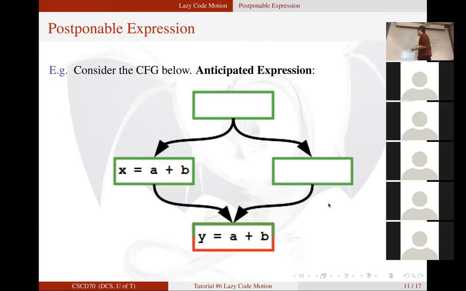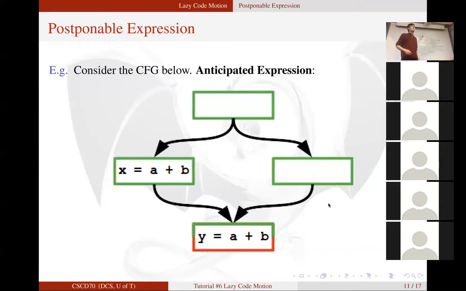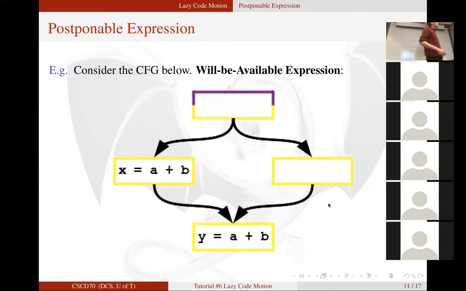But first, do the anticipated expression analysis. This is shown here. Let us now do the will-be-available expression analysis. Based on the anticipated expression analysis and the will-be-available expression analysis, we can clearly see that the earliest placement in this case is the top basic block.